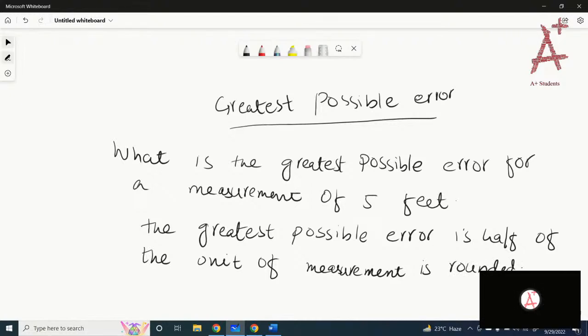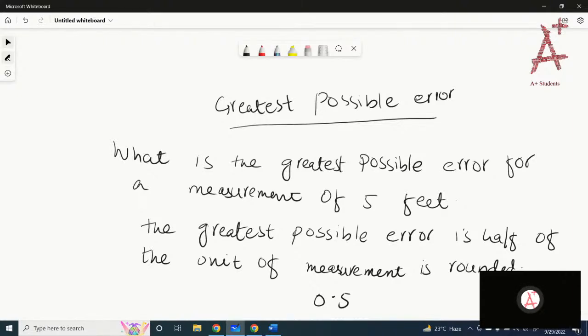If a measurement is made to the nearest whole, like 5 feet is measured to the nearest whole, the greatest possible error is 0.5. 1 foot, and half of 1 foot is 0.5. So the greatest possible error is 0.5. Got it?